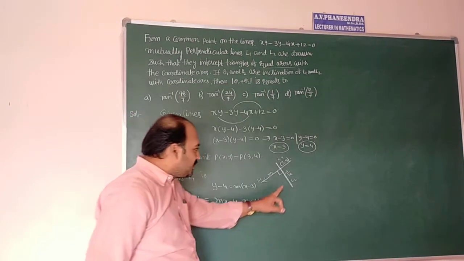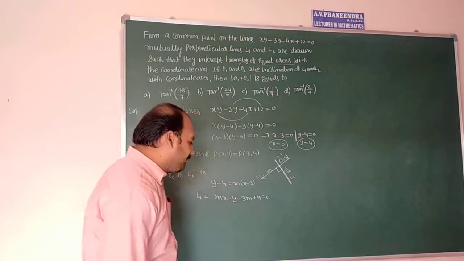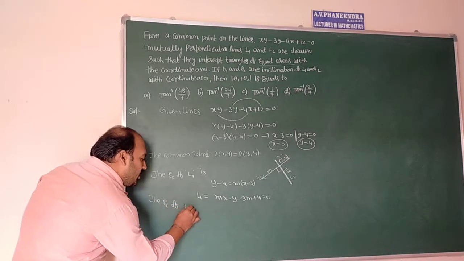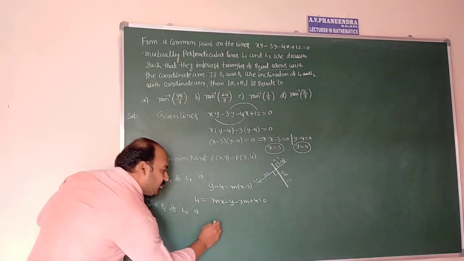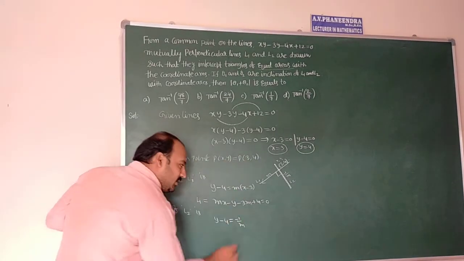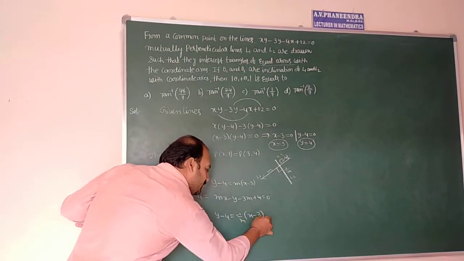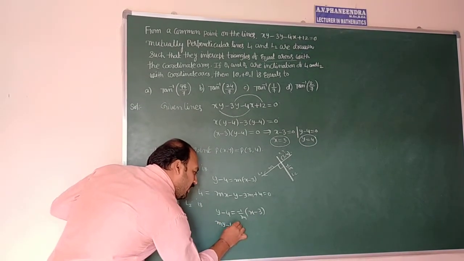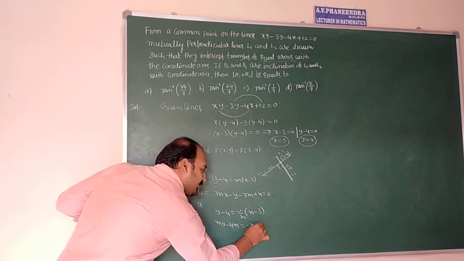Next, the L2 equation with slope minus 1 by m. The equation of L2 is y minus 4 equal to minus 1 by m, the perpendicular line slope, into x minus 3. Cross multiplying, my minus 4m equals minus x plus 3.